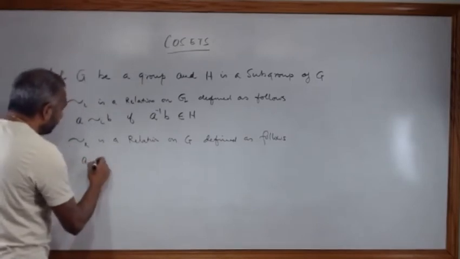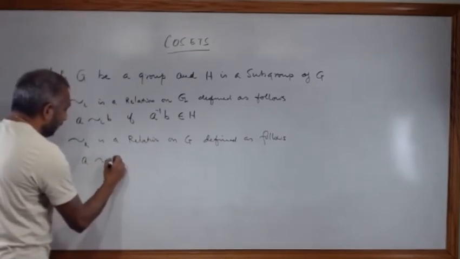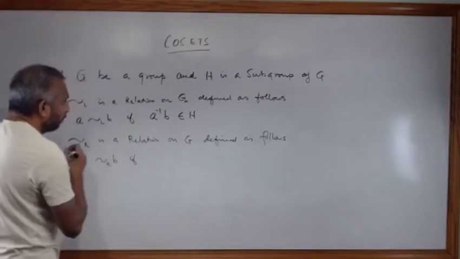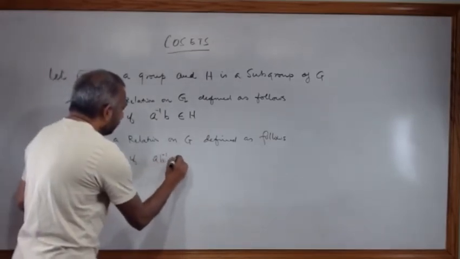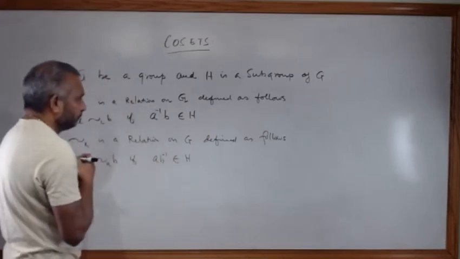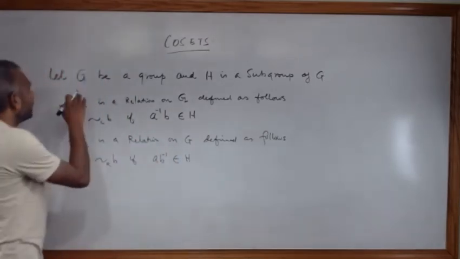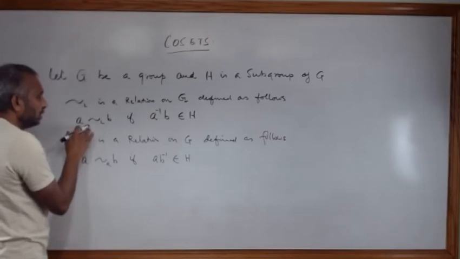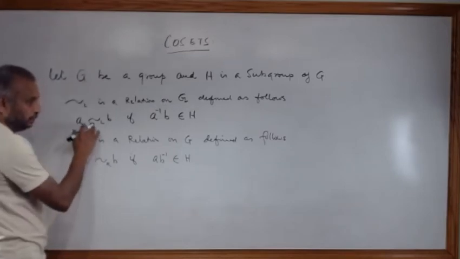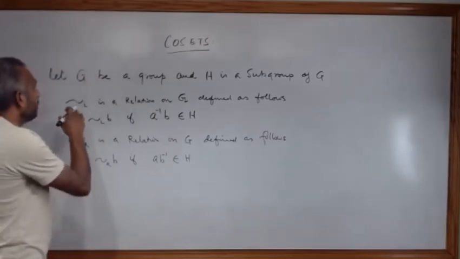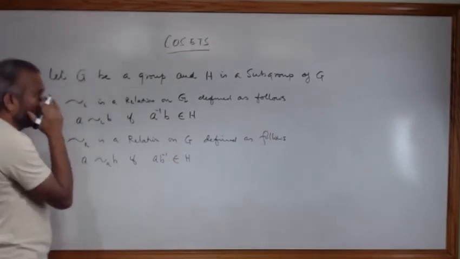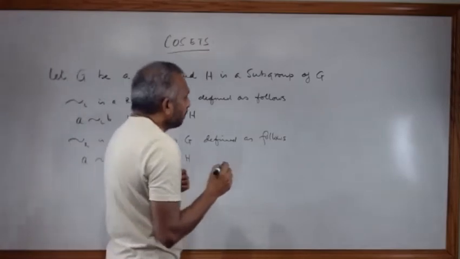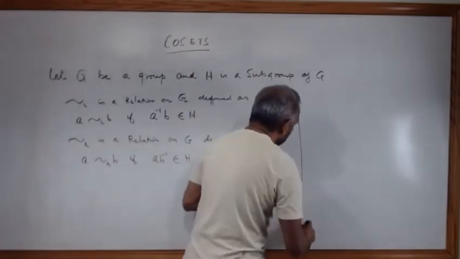A is right related to B if A B inverse belongs to H. Well, when G is an abelian group, these two relations are the same. But we are assuming that it's not necessarily an abelian group. Let us take an example here to clarify this.